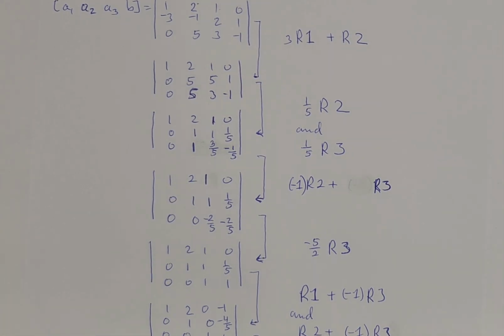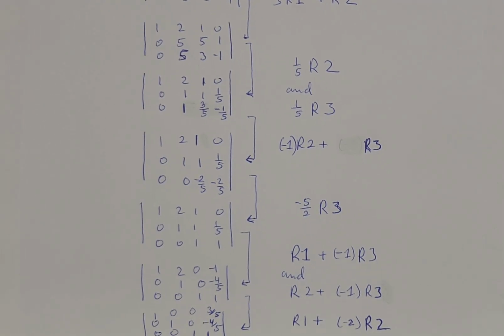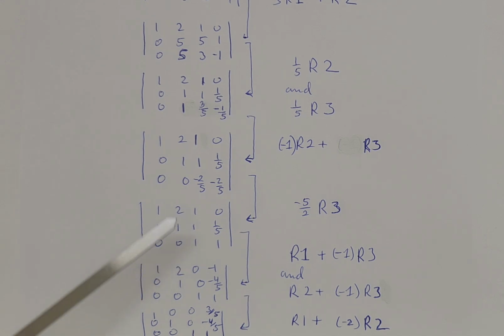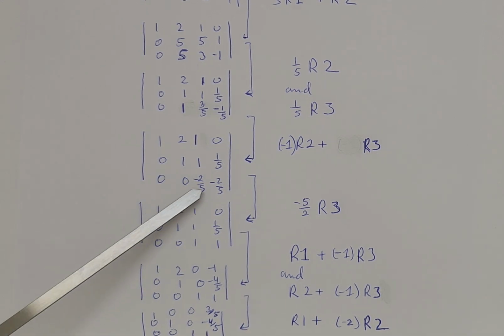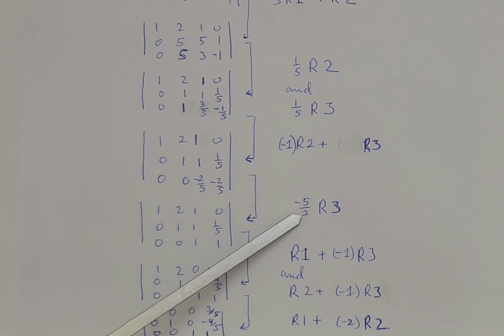Okay? Next, we want this -2/5 to become a 1. So we will multiply by the reciprocal of 2/5, which is 5/2.